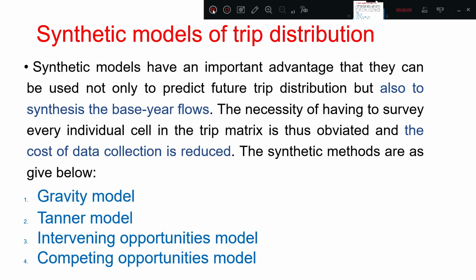So here the second important trip distribution method is the synthetic model methods. As we know, the growth factor method is applicable for small towns, and it has certain limitations.